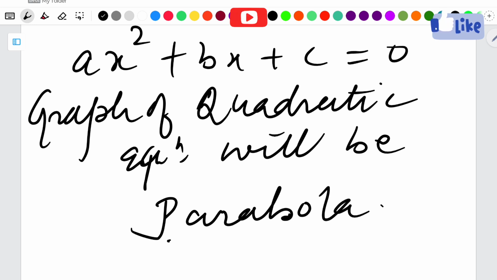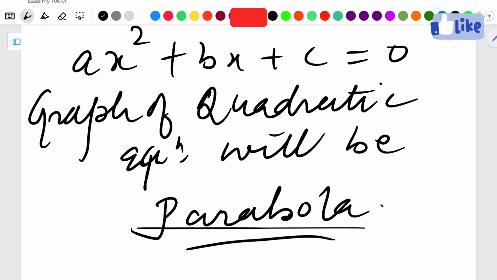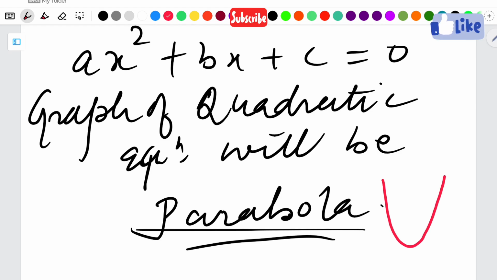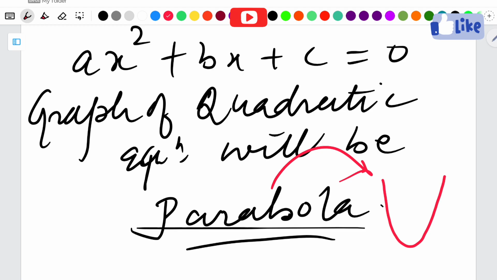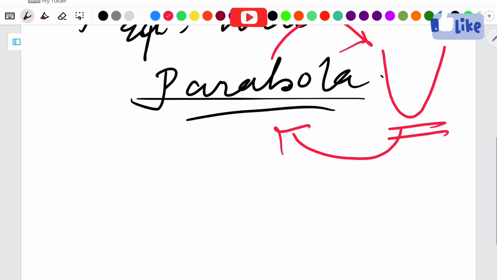Okay, now what do you mean by parabola? The symbol like this is a parabola. So if you draw the graph of any quadratic equation, you will find that the shape of the graph will be like this, and this shape is known as a parabola.